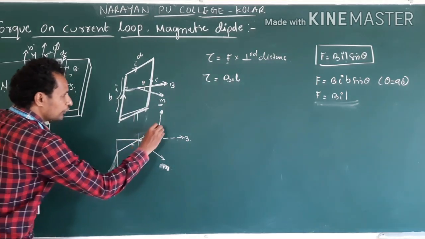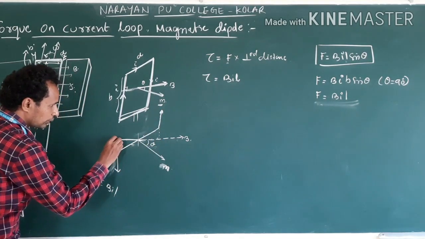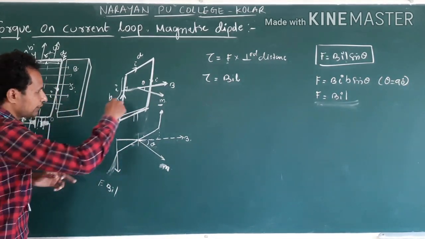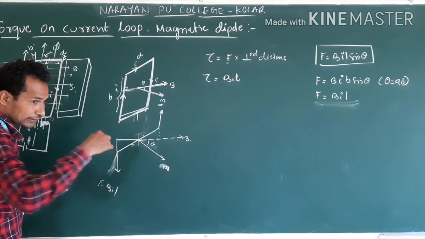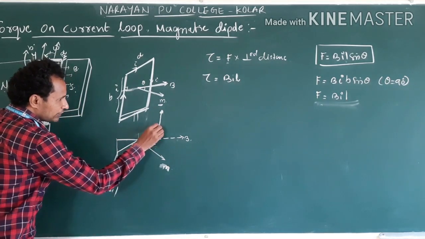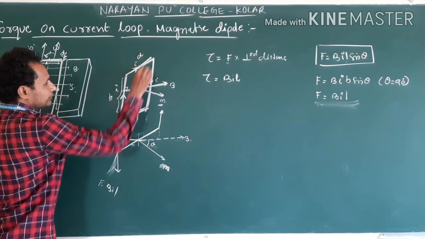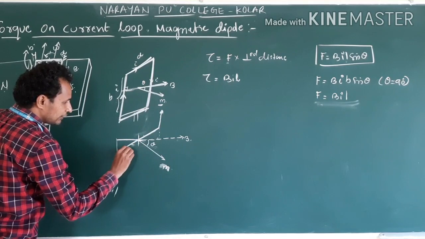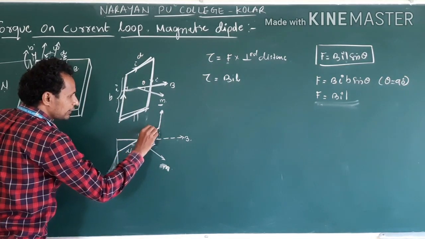Then you can understand. For this force, this is the perpendicular. Actually, the force acts like this. So this is angle theta. This total length is A. We are taking at the center. This length is A by 2, this length is A by 2.